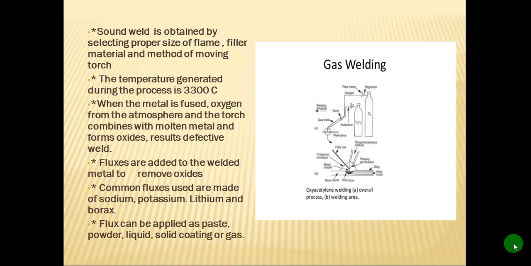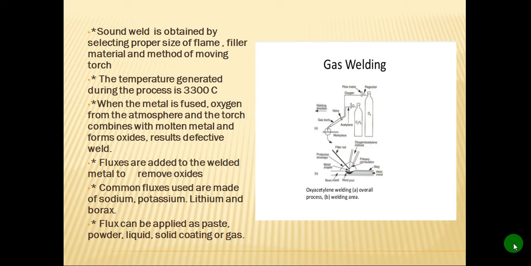Sound weld is obtained by selecting proper size of flame, filler material, and a method of moving the torch. The temperature generated during the process is 3300 degrees Celsius. When the metal is fused, oxygen from the atmosphere and the torch combines with molten metal and forms oxides, resulting in a defective weld.